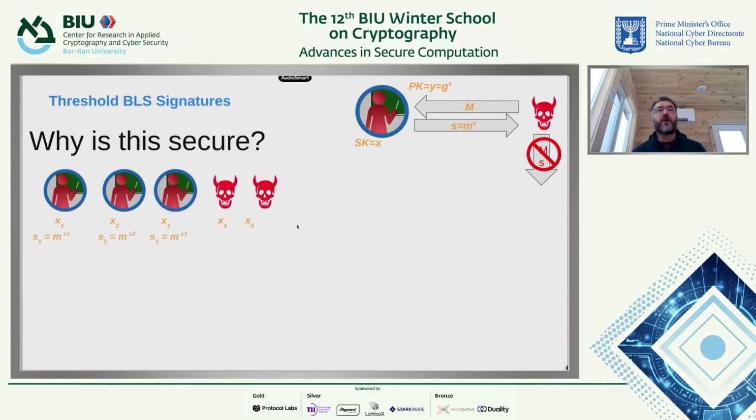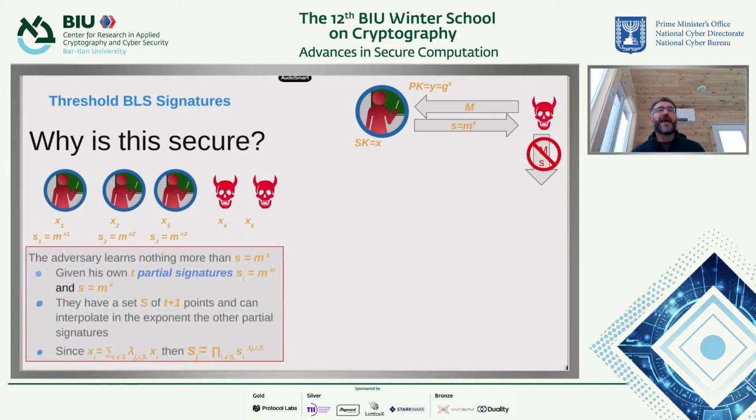When the adversary says, please sign M, here the adversary saw the signature S equal M to the X. Here, the adversary sees 3 partial signatures, right? And what I want to claim is that when the adversary sees these 3 partial signatures, the adversary learns nothing more than the signature itself.